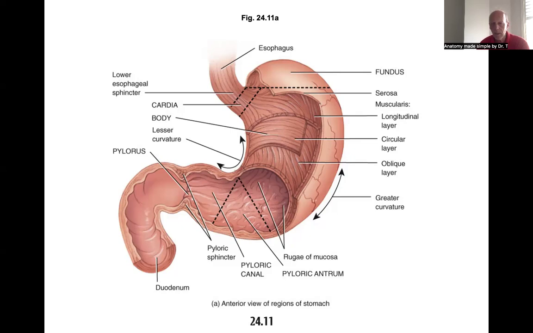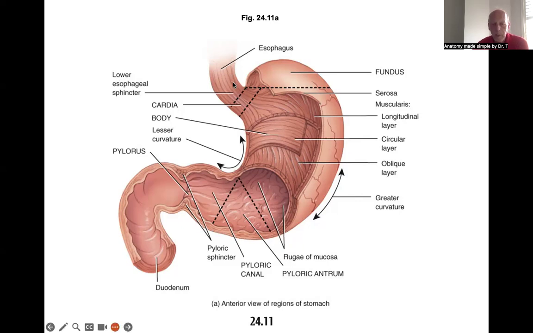The mixing of chyme with its own secretion cannot be done properly without the third, oblique layer. So the longitudinal layer is still there, the circular layer of muscle is still there, but we have the third layer, which makes it a little bit different compared to the rest of the tube.